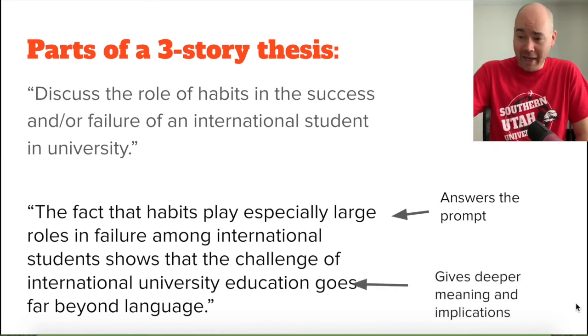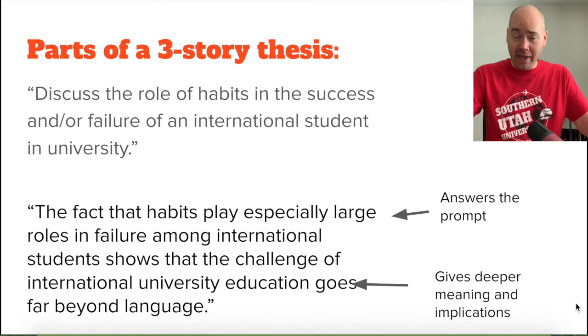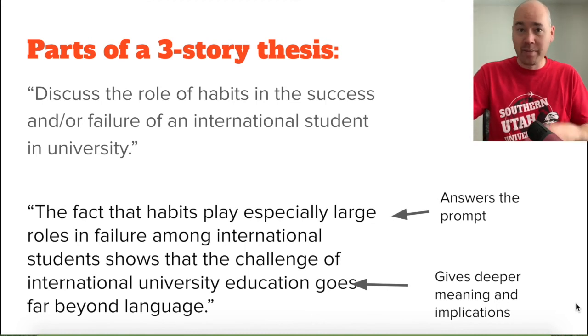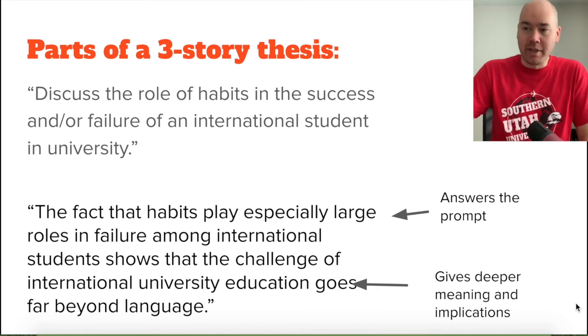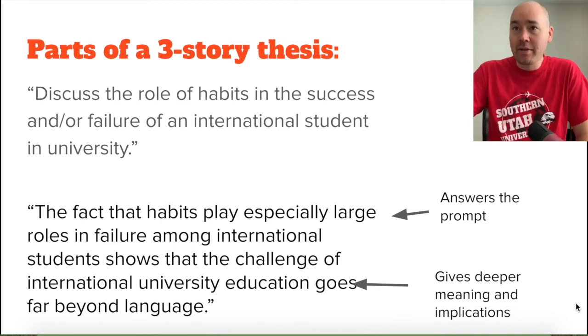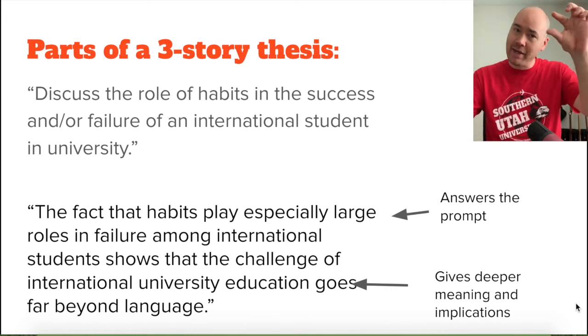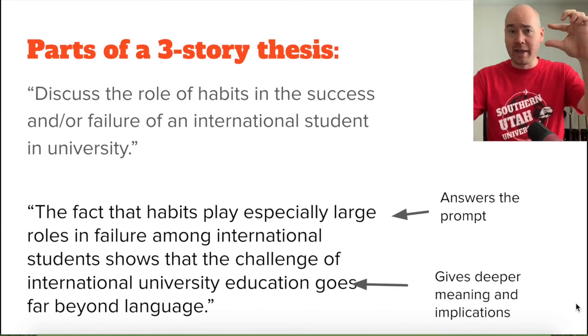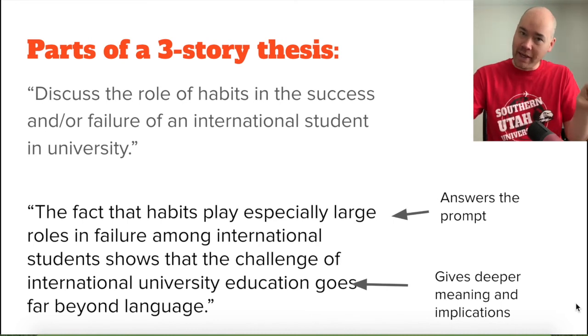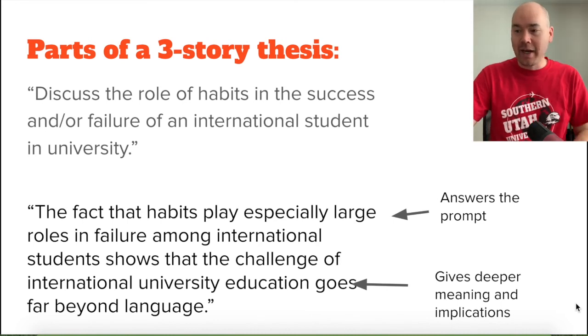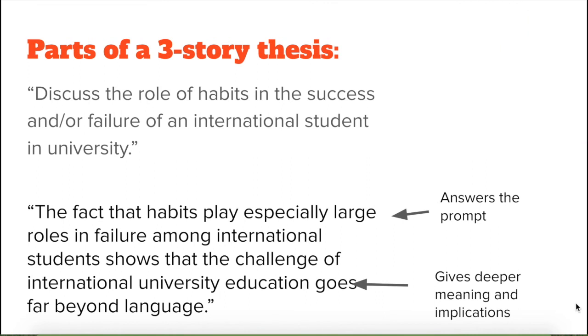And the part at the end says, and this shows that some bigger topic, some bigger issue. Okay. So if you don't know how to write a three-story thesis, you can begin by writing a two-story thesis, and then at the end of that, add a little bit of language that says which means that, or that shows that, and that's where your third story will go.